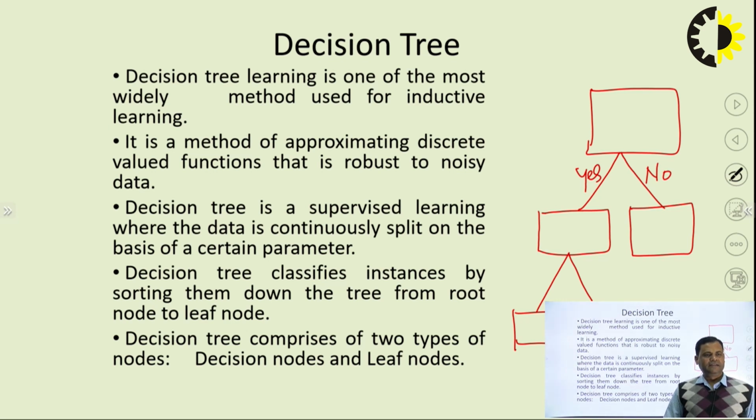So decision tree is a classifier in which instances are sorted from root node to leaf node, that is, from top to bottom.